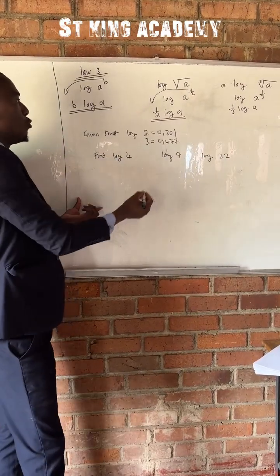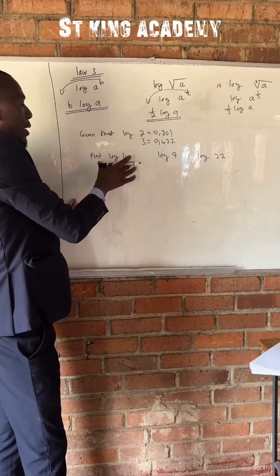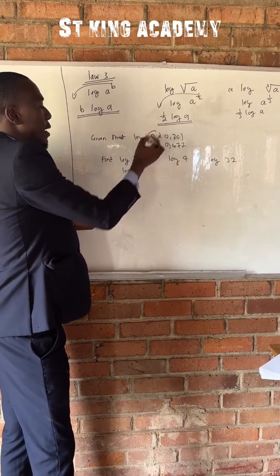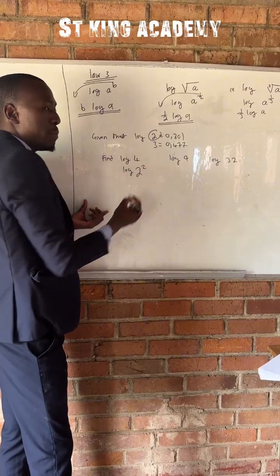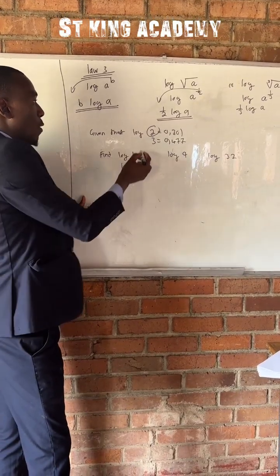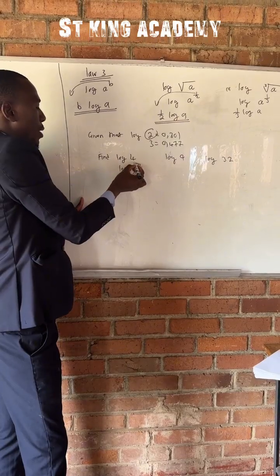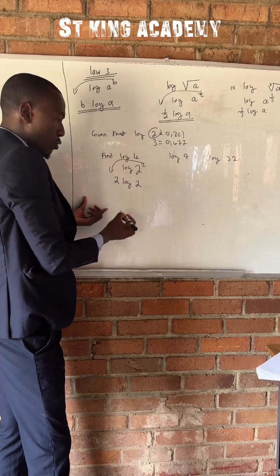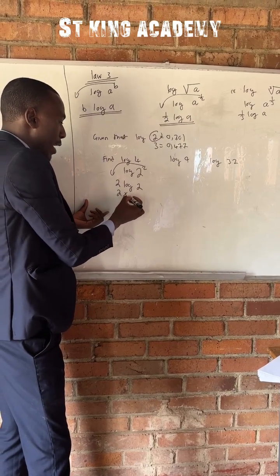But what are we going to do? We are going to raise our powers here. For example, 4 is the same as 2 raised to the power of 2. So our law states that we are going to put 2 here. So it's now 2 log 2.